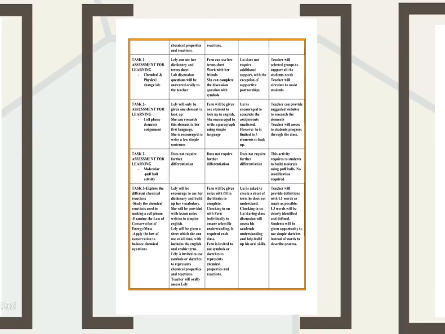For Fern, she'd be given 1 element to look up, but we want her to look it up in English. So this would help her with her reading skills. And she's encouraged to write longer answers, so paragraph answers using simple language, L1, but some L2 words in there. And again, using those L3 words that we're already comfortable with.